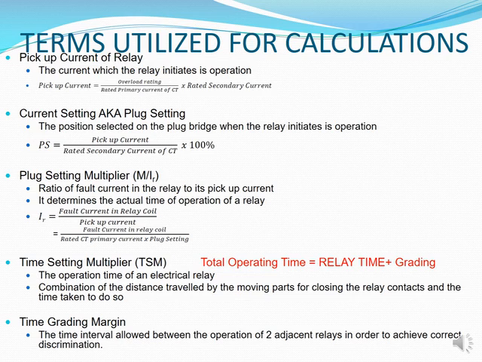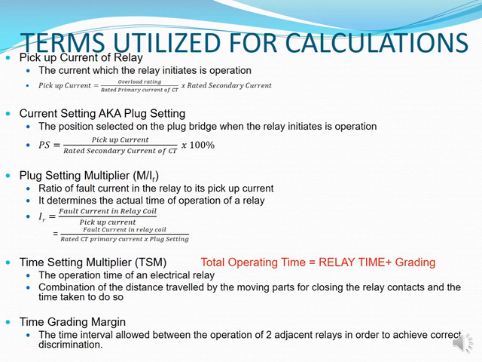Then we have what we call our plug setting, PS. So our plug setting, which is also known as our current setting, our IS, is then the position selected on that plug bridge, which means that position between 50 and 200% or 1 to 5. And that becomes our pickup current divided by your rated secondary current of our CTs times 100% because it must be in percentage form.